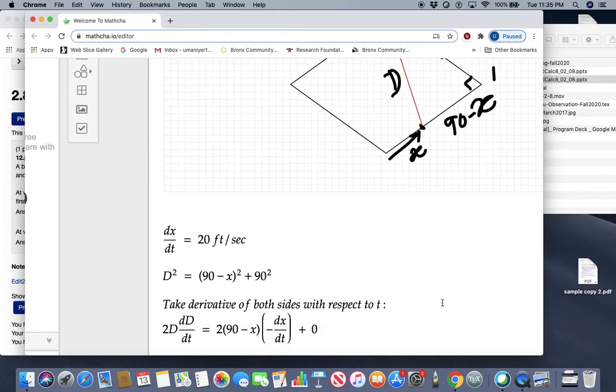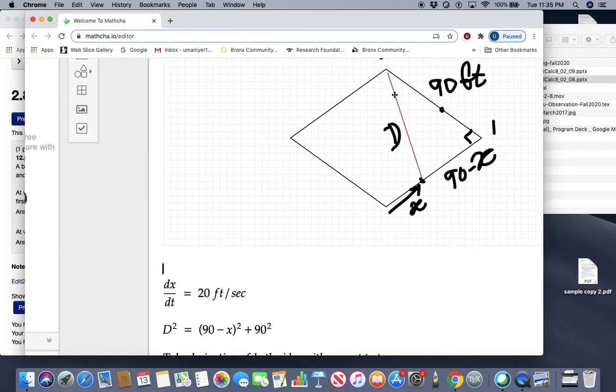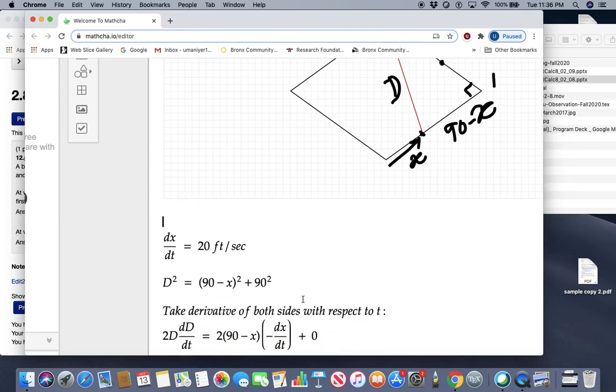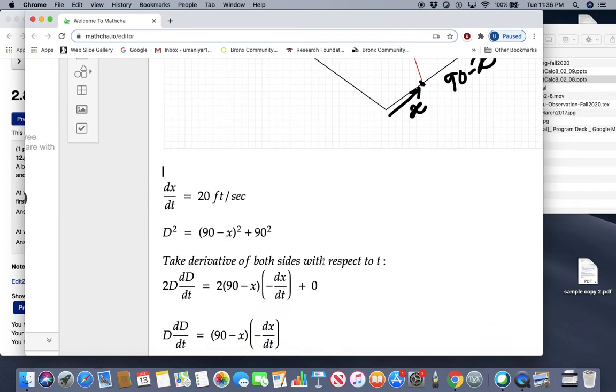Now, what about the relationship between d and x? Well, that's a right triangle. So d squared, because d is the hypotenuse, is (90 minus x) squared plus 90 squared. Now you take derivative of both sides with respect to time t. This is chain rule.